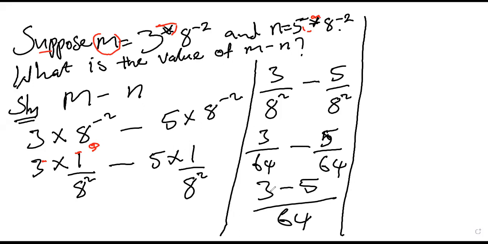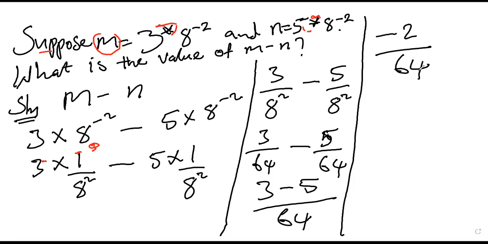But you owe $5. So you have $3, but you still owe somebody $5. So now you're going to pay the $3 you have in your pockets, right? Once you pay that, you're still going to be owing what? $2. So you're still owing debt. So now we're going to be having minus 2, right? Yeah. 3 minus 5 is minus 2. Minus 2 over 64. So that's what we have.